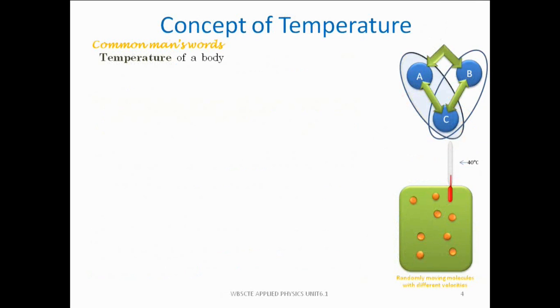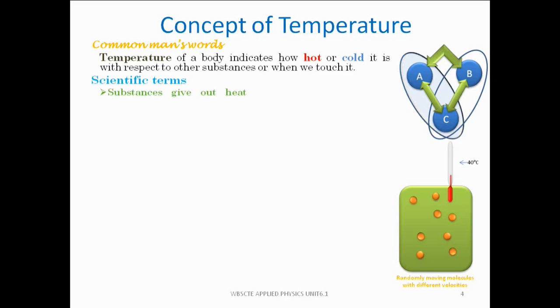Temperature measures the degree of hotness or coldness of a body. The thermal state of a body determines how much heat will be given out. If two thermally connected bodies are in the same thermal condition, they are said to be in thermal equilibrium.